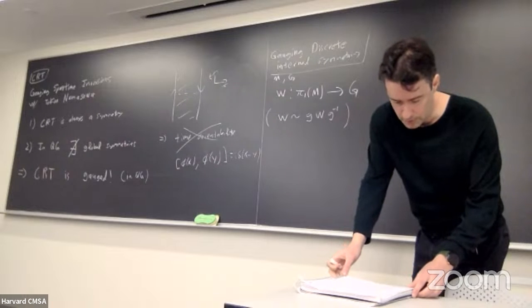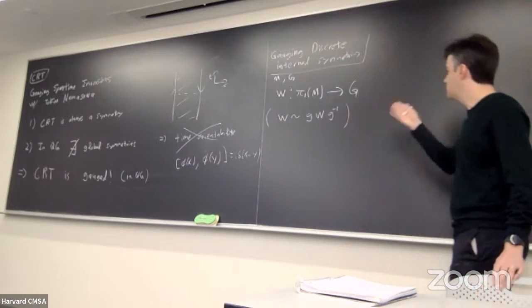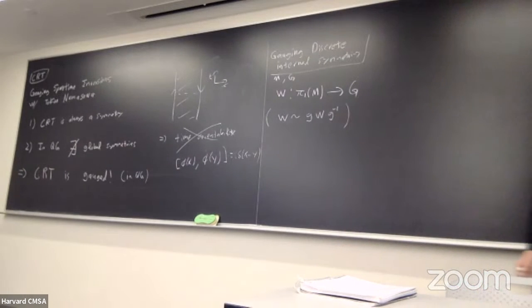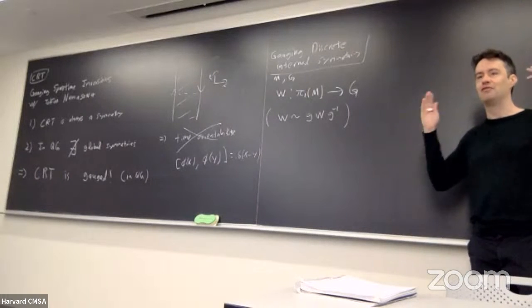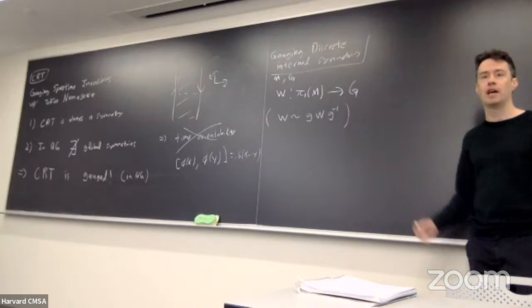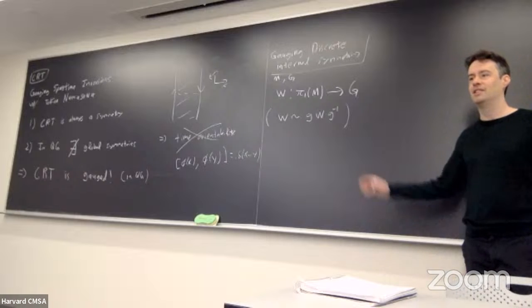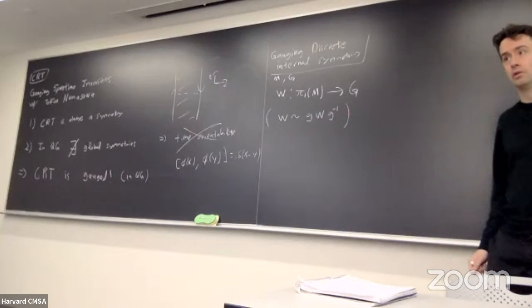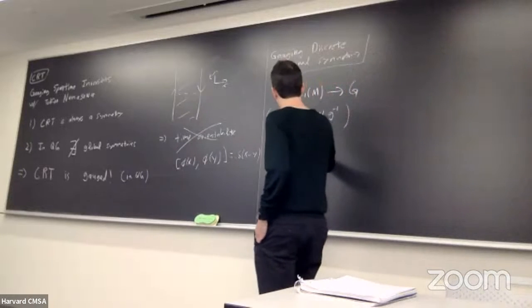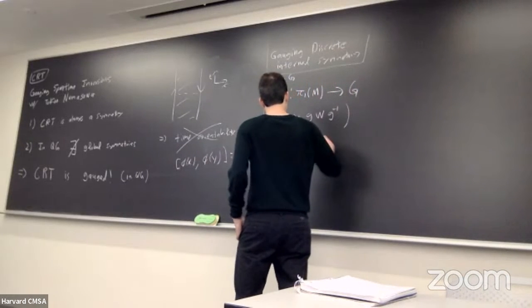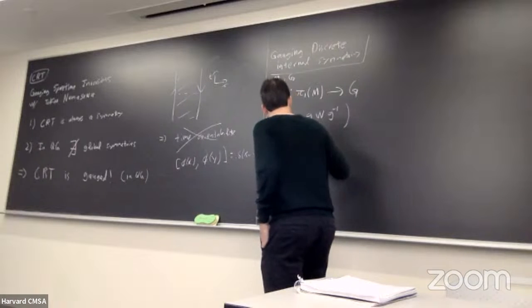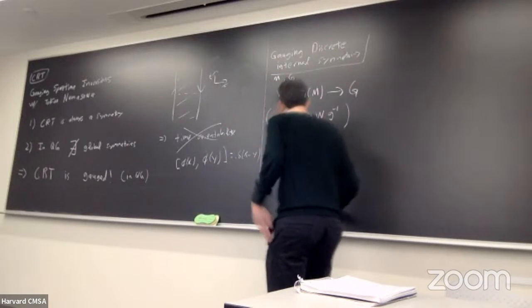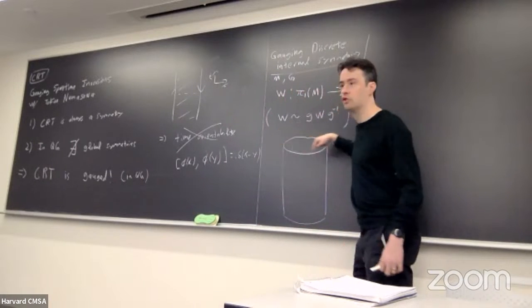Now, that's correct, but somewhat formal. So let me try to say in practice, if I give you a quantum field theory with a global symmetry, how do I compute things in the presence of one of these background fields? Let's say I want to turn on a holonomy around this loop.